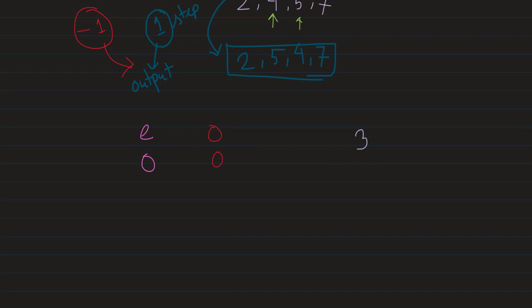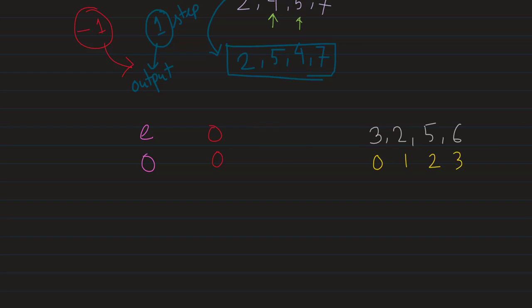Let's take an array. Suppose this array is our input: 3, 2, 5, 6. And the indices are 0, 1, 2, 3.